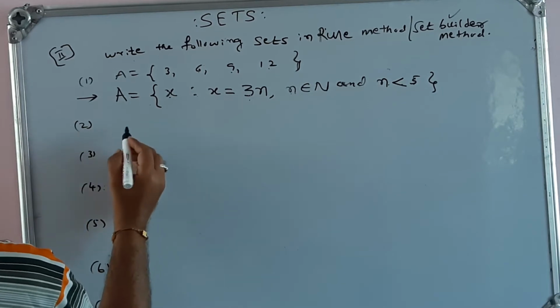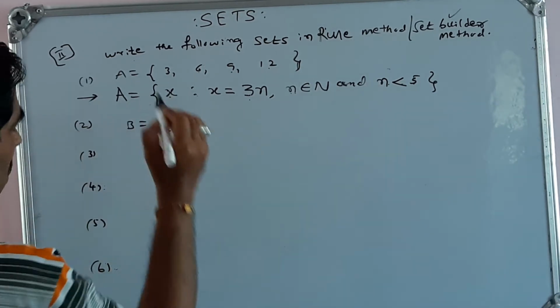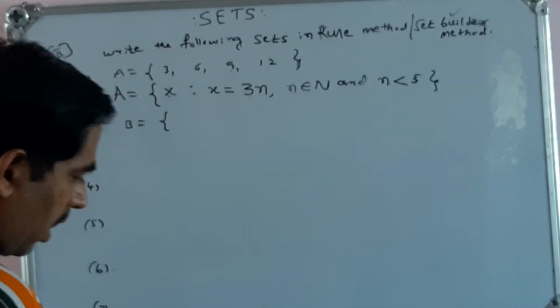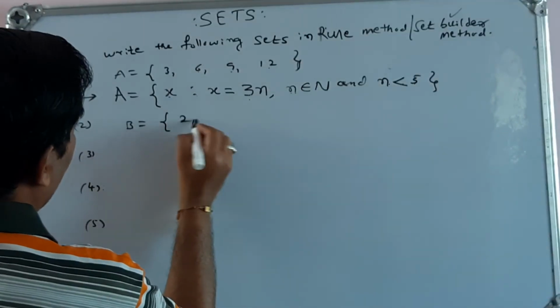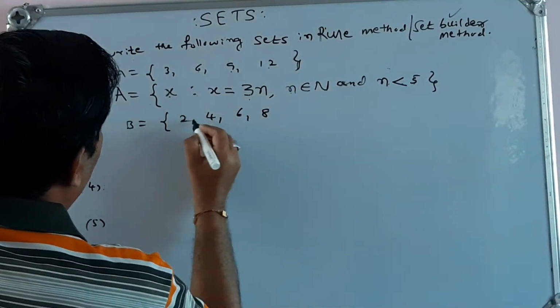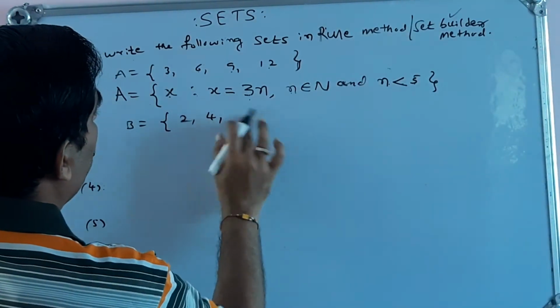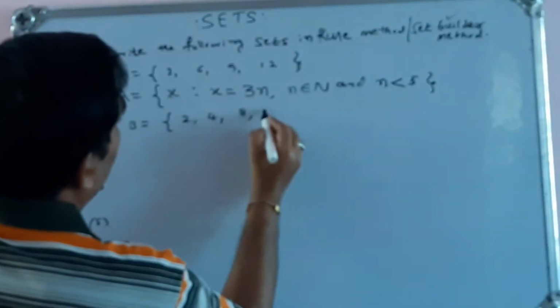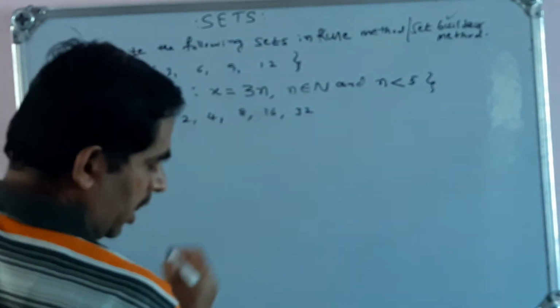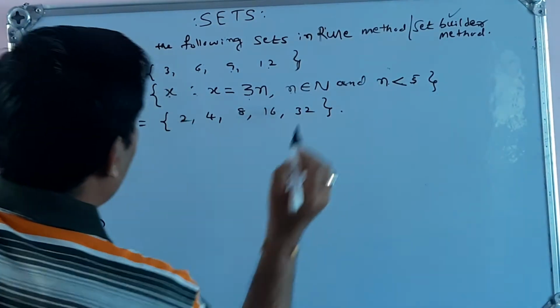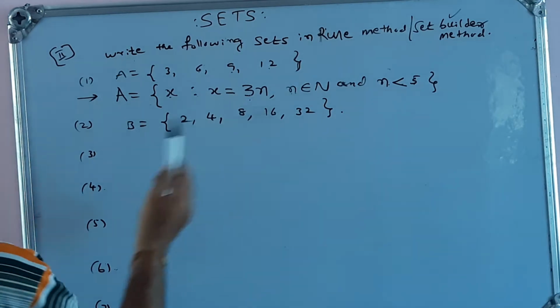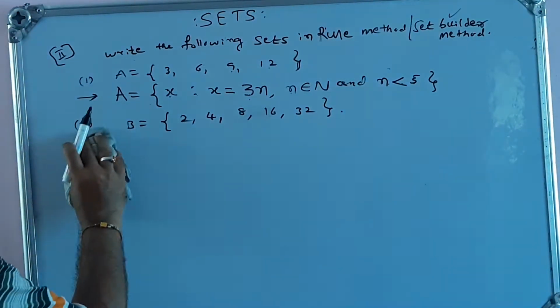Okay, let me take this second example. B is equal to, I will consider another example: 2, 4, 8, 16, 32. Let me stop at this stage. So once again I have considered another example.